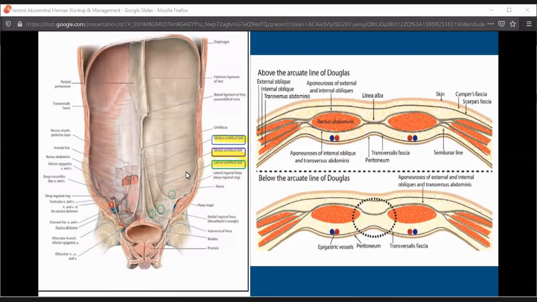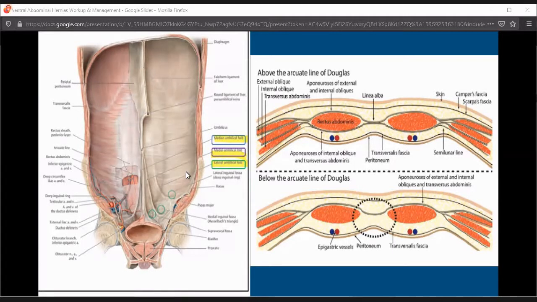That's the linea alba, and there is the rectus sheath, the anterior rectus sheath and posterior rectus sheath. Fine. And rectus abdominis muscles in between. Laterally, there are three muscles: the external oblique, internal oblique, and transverse abdominis. So basically, this is above the arcuate ligament. Below the arcuate ligament, we cannot see any posterior rectus sheath.